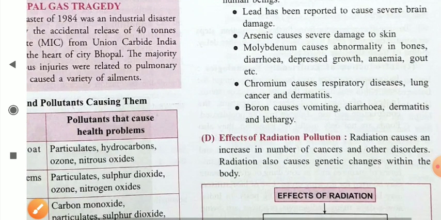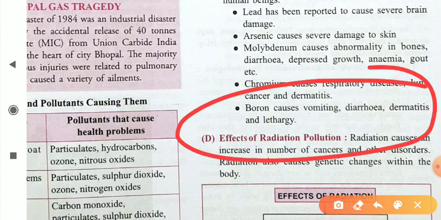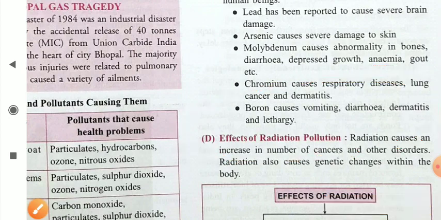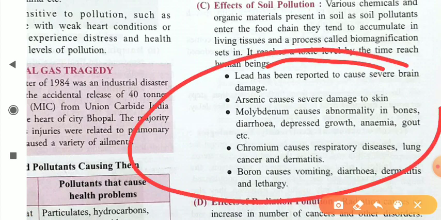Similarly, boron causes vomiting, diarrhea, dermatitis, and lethargy. All these are different types of chemicals found in our soil. Because of these chemicals and metals, there are so many diseases caused by soil pollution.